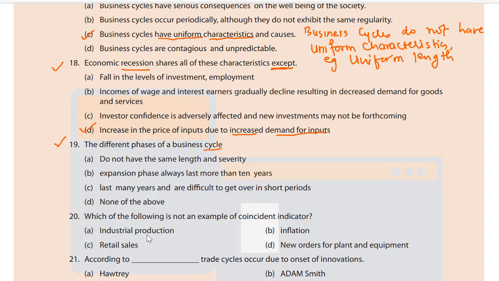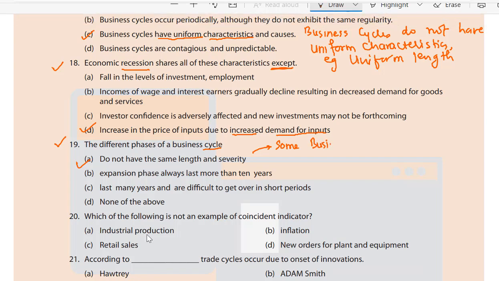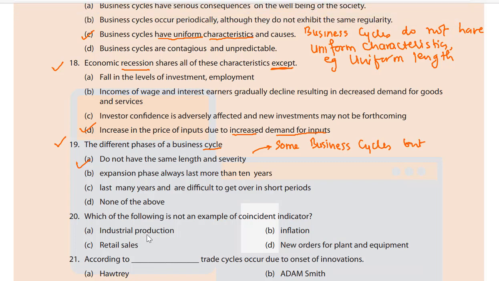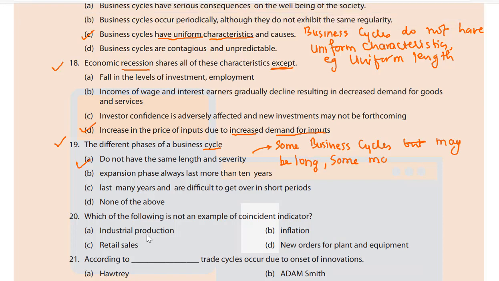The answer is A. Some business cycles may be long, some may be short. It's unpredictable.